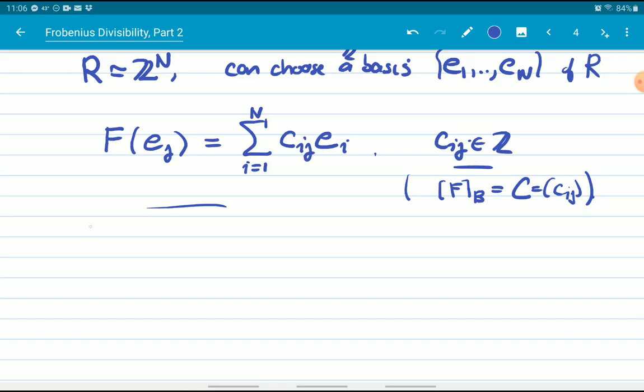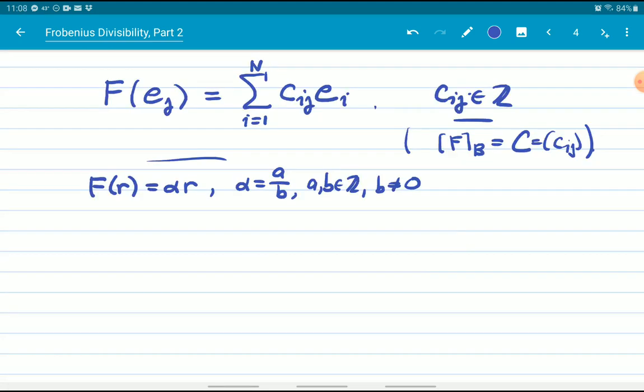All right, so let's remember now what f is. f is multiplication by this element alpha. Alpha is really a rational number, so it's a quotient of integers. All right, so let's use this to compute f of ej in two different ways. So on the one hand, I'll copy down the formula.